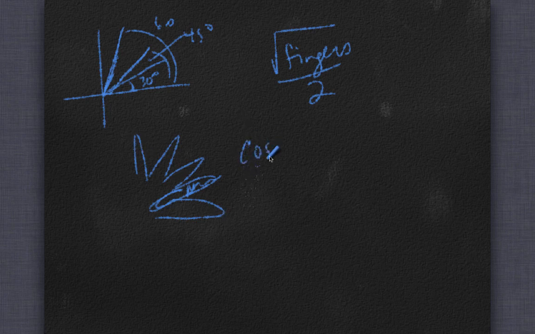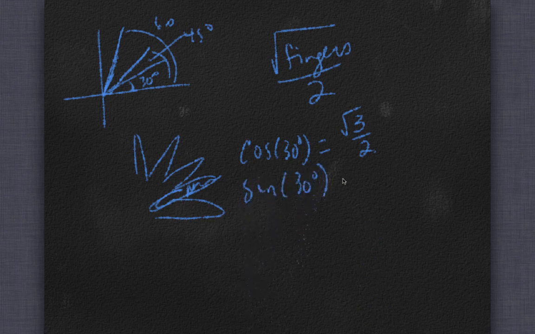So cosine of 30, because it's the top part, comes first, is square root, I have 3 fingers, over 2. And sine of 30, I just have 1 finger, so square root 1 over 2, which is 1/2.